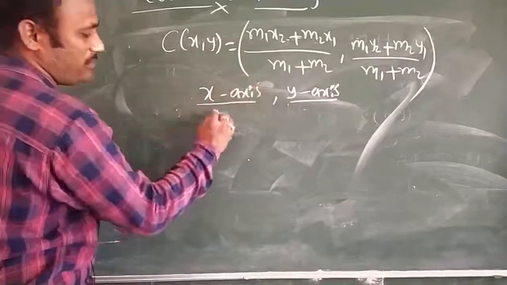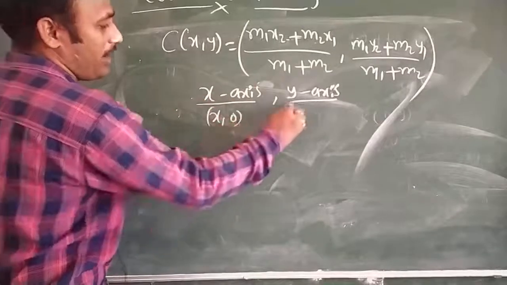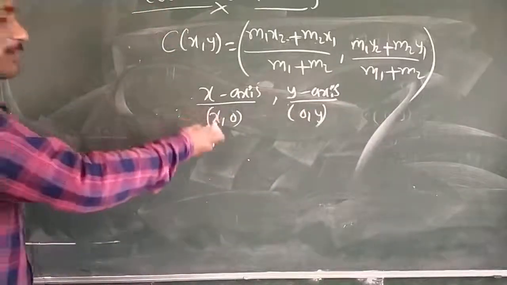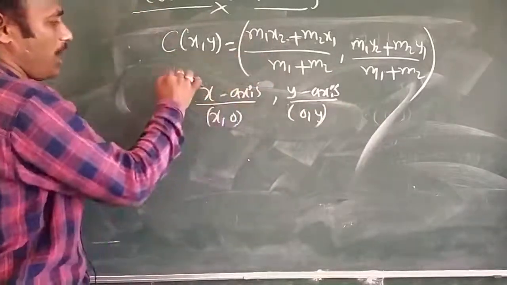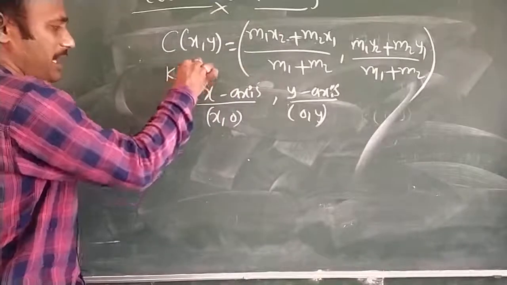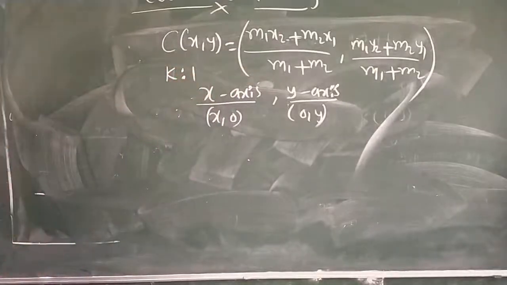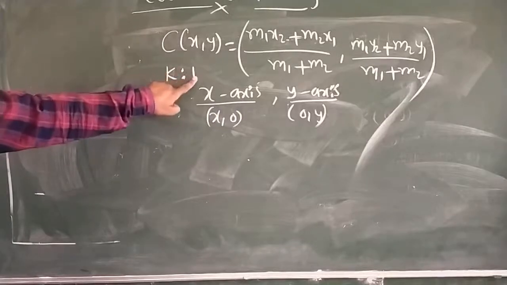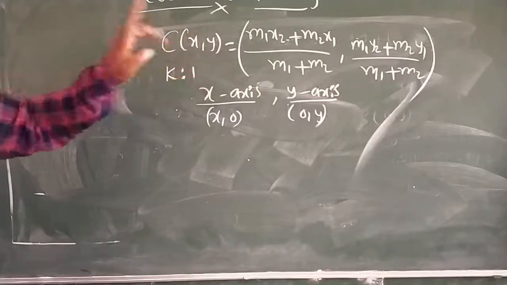x-axis means we will think x comma 0 and y-axis means we have to think 0 comma y. So after substituting, whenever he is asking in what ratio, make the ratio k:1. For every problem, whenever he is asking in what ratio, think that it is k:1. Always let k:1 be the ratio.